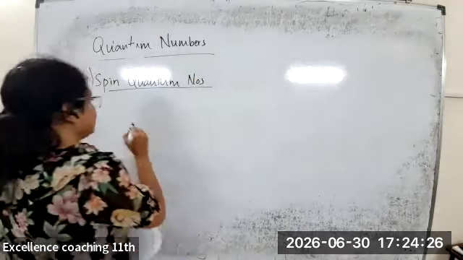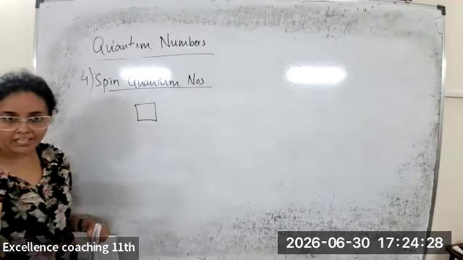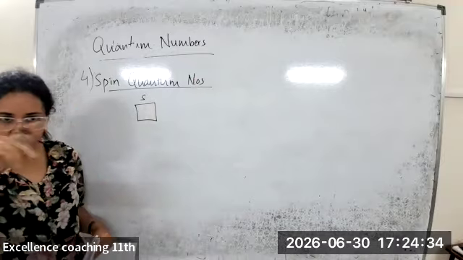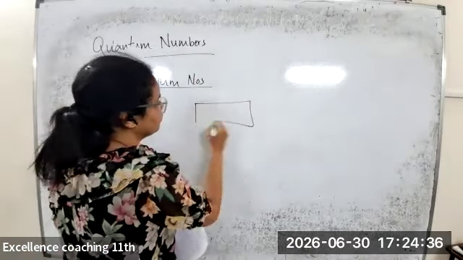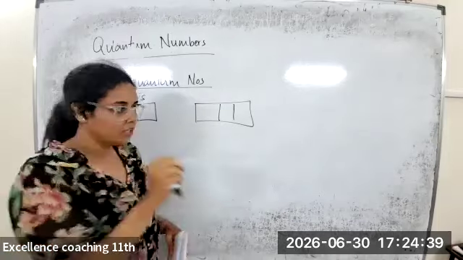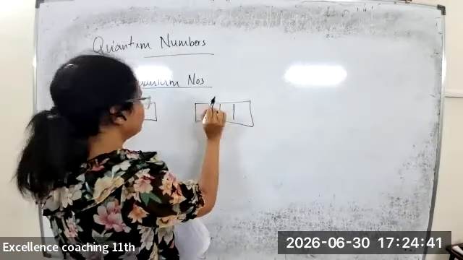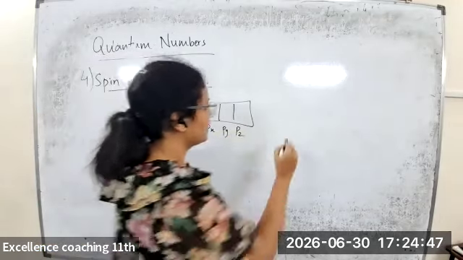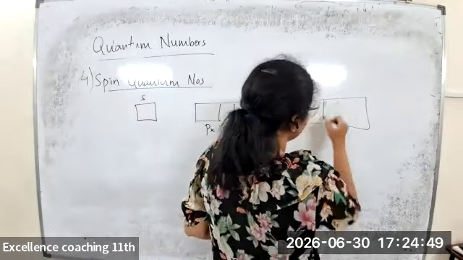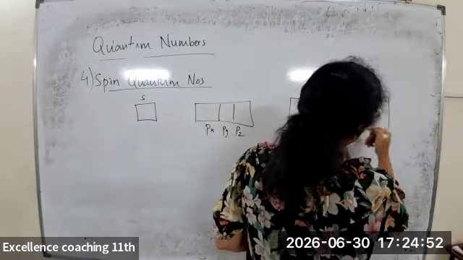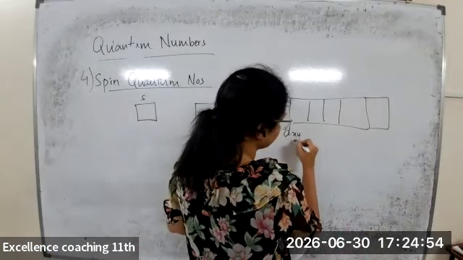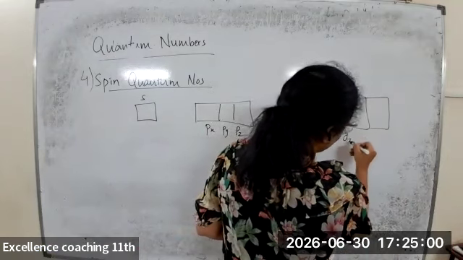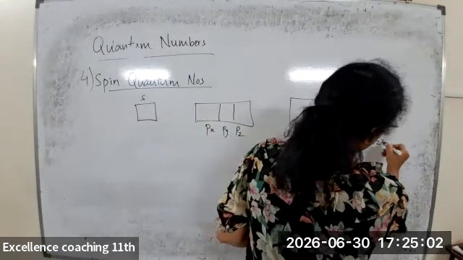In the case of our s orbital, we just found one magnetic quantum number, so we just drew one square. In the case of the p orbital, we had found three, so 1, 2, 3, which we named px, py, pz. Now in the case of d, it will be 5: dxy, dyz, dxz, dx square minus y square, dz square.